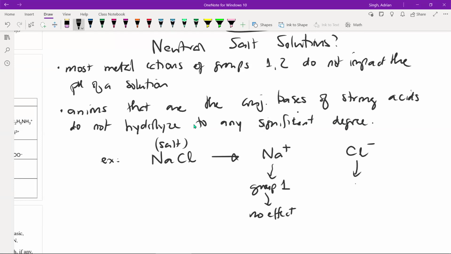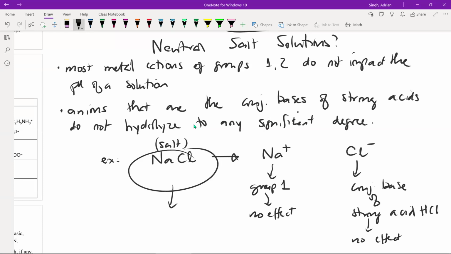And the Cl minus is the conjugate base of a strong acid. The strong acid there, just add an H plus onto it, is hydrochloric acid. So this also has no effect on the pH. As a result, a salt solution of sodium chloride, table salt, will be neutral.